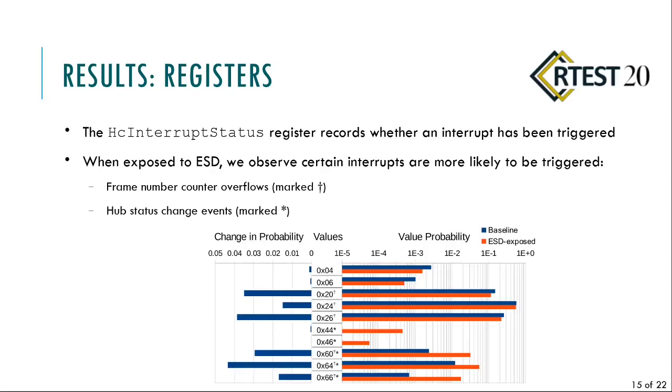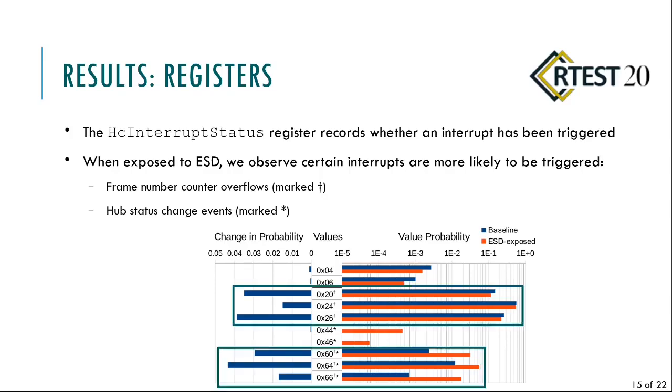Another example of potentially ESD-caused anomalies is in the HC interrupt status register. This records whether an interrupt has been triggered, and when exposed to ESD, we observe certain interrupts are more likely to be triggered. In particular, we have frame number counter overflows. Each USB frame is assigned a number, and when a sufficient number of frames have been sent, the frame number counter overflows.